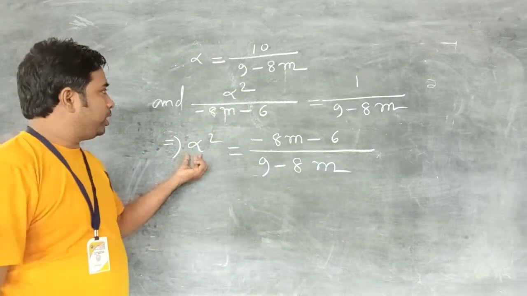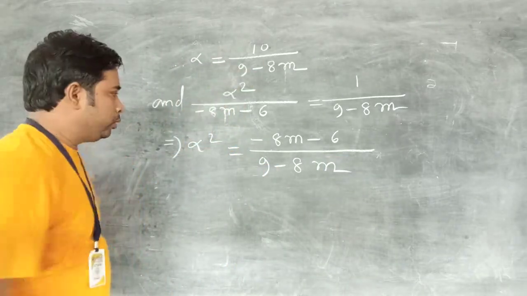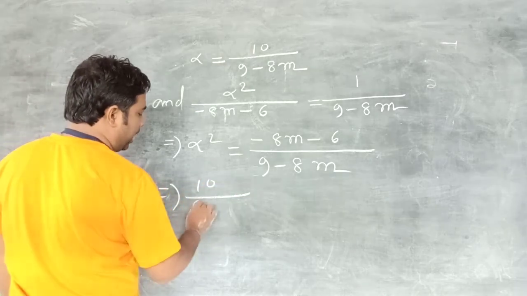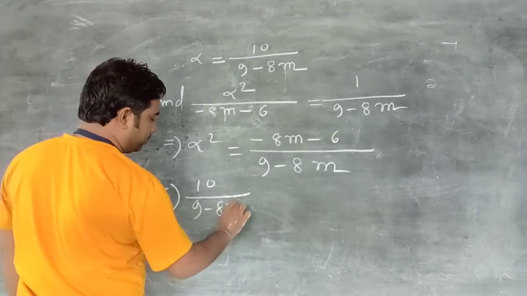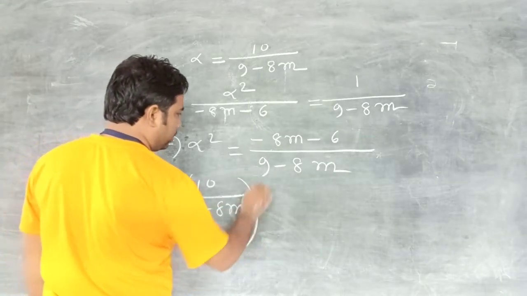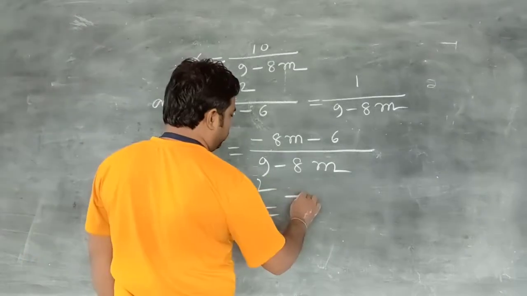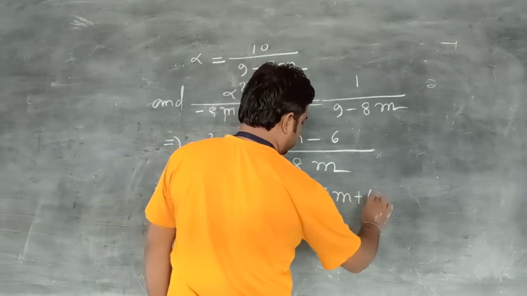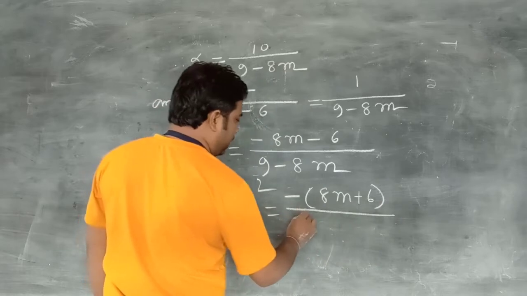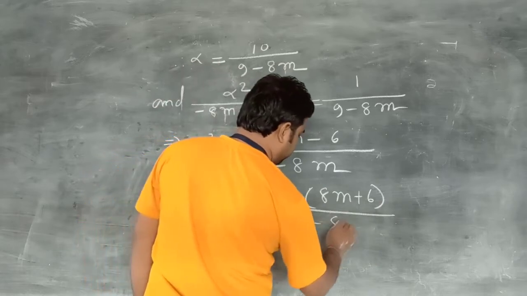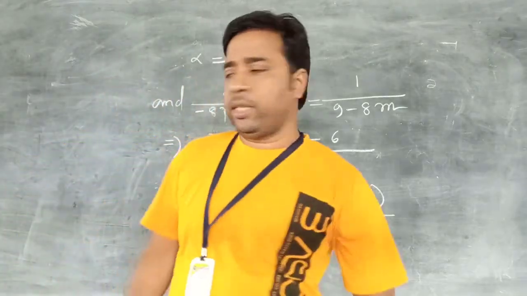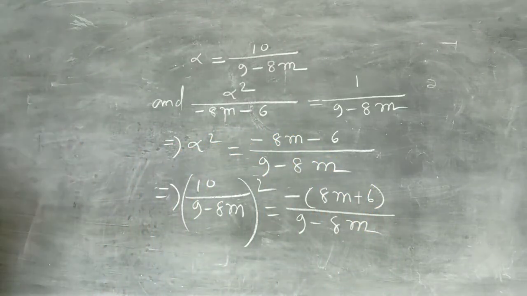Okay, let us put the value of alpha from here. So if we put the value of alpha, this is 10 by 9 minus 8m whole square. If we take minus common, this is 8m plus 6 by 9 minus 8m. Okay, so let us calculate the value of m from here, and that will be the condition.